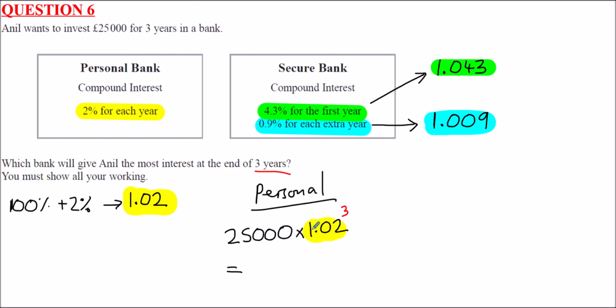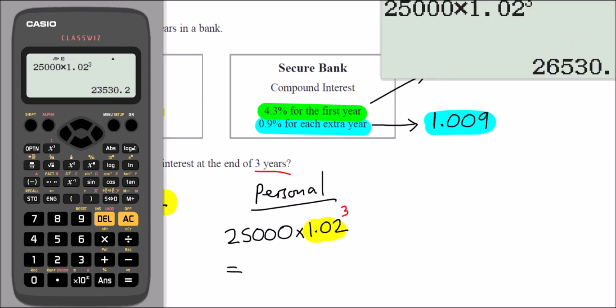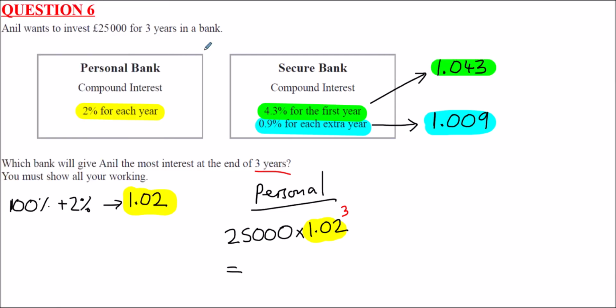So 25,000 times 1.02 cubed. And that gives us a value of £26,530, and I think it was 20p. Yes, 0.2. That 2 is 20.